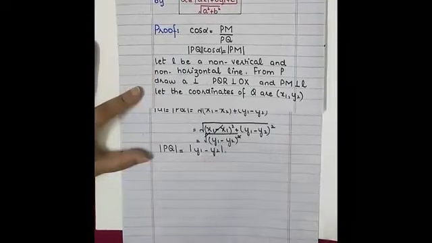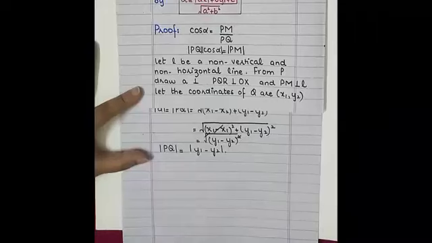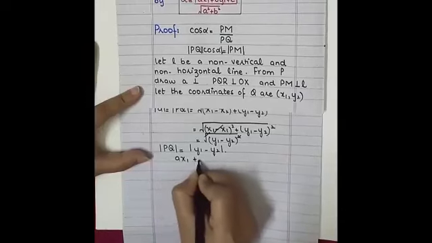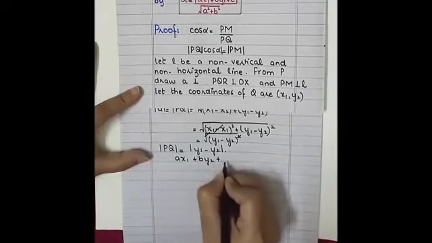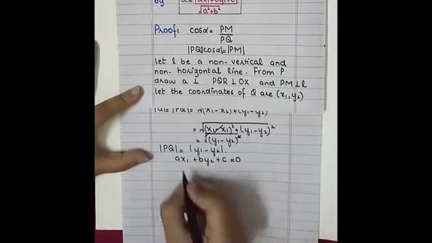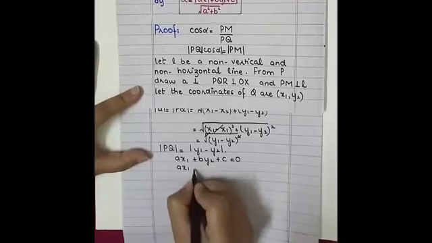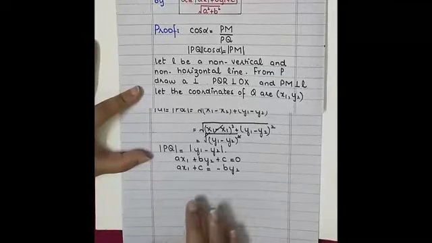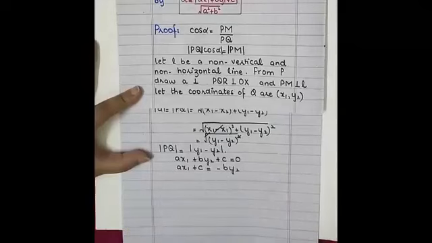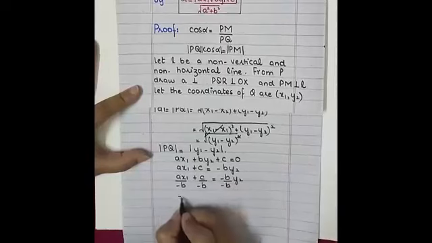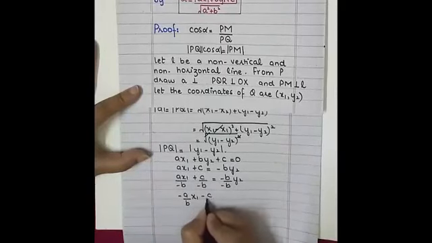Now to calculate this y2, we can use the equation of the line, which is ax1 plus by2 plus c is equal to 0. From here we can separate out the value of y2: by2 equals minus ax1 minus c. Now we will divide by minus b throughout the equation, so y2 equals minus a over b x1 minus c over b.